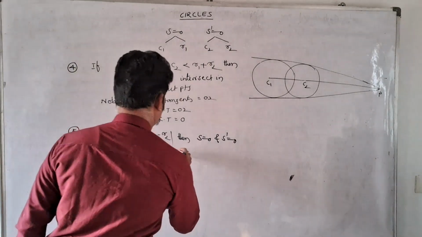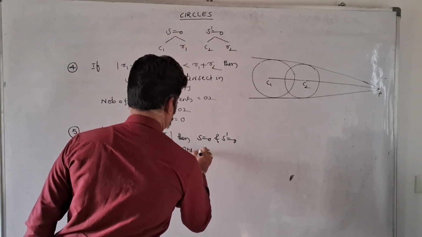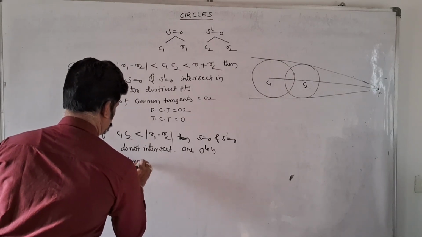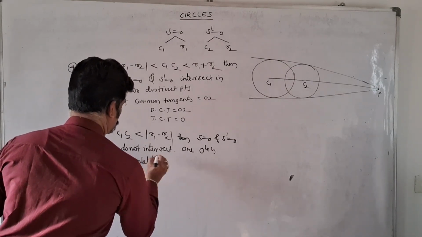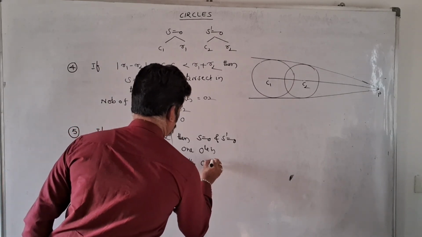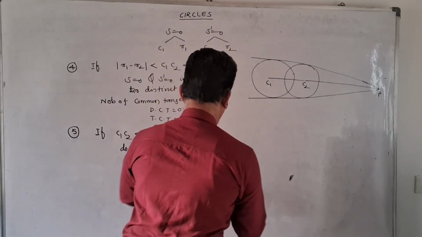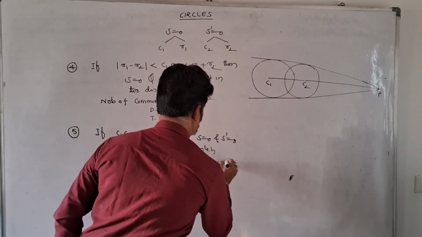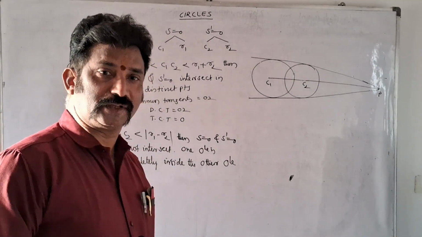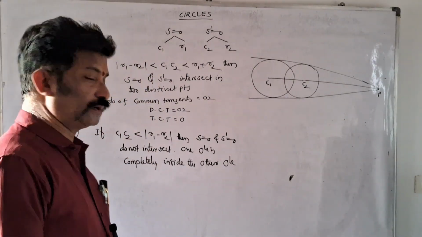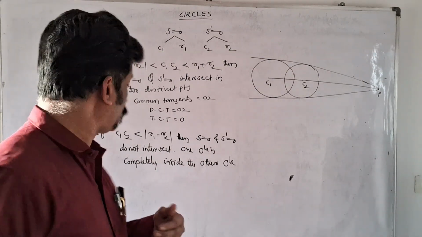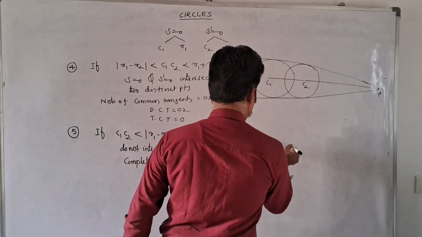One circle is completely inside the other circle. If C1C2 is less than modulus of R1 minus R2, then the two circles do not intersect. One circle is completely inside the other circle, like this.